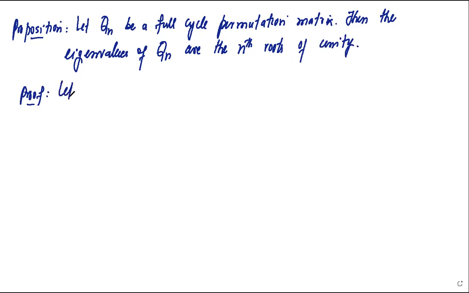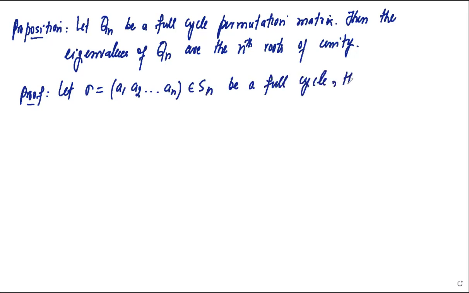So let sigma be equal to (a1, a2, so on, an) in Sn, be a full cycle. That is, sigma is a cycle of length n.